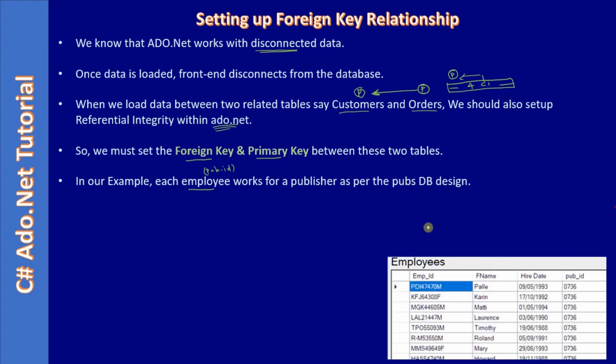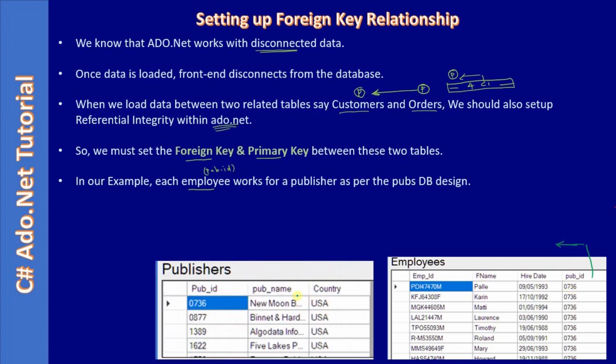This is our employee table, and if you see in our employee table, we will be having the publisher ID, right? And this publisher ID, let's take 1736, will refer a specific publisher ID.